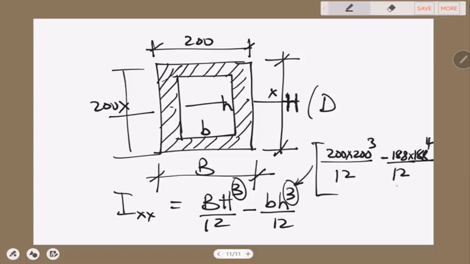What answer do we get? No, this one is not to the power 4, so this then becomes to the power 3. What answer do we get? So I get 29.233.